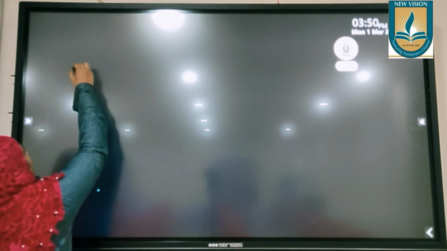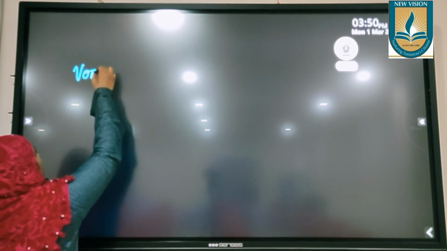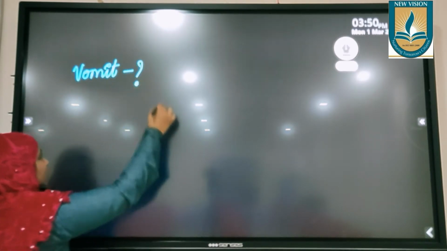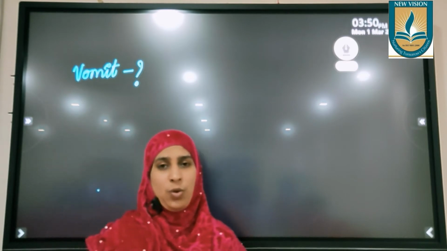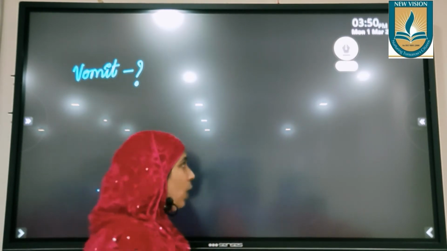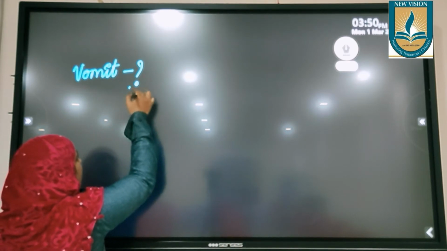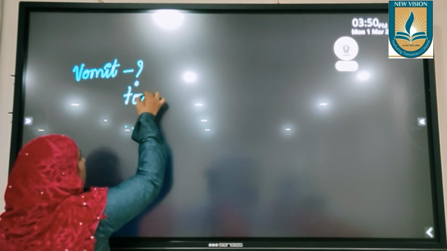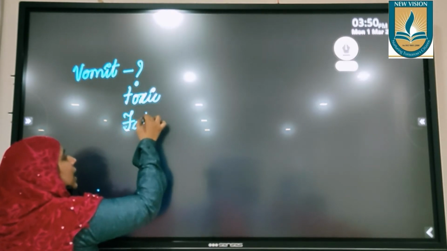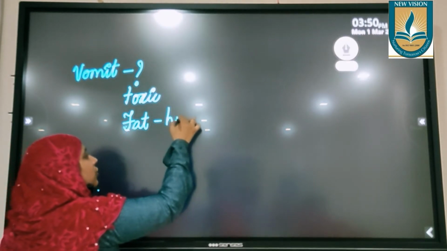First of all, you have seen people vomit. Why do people vomit? What is the reason for this vomiting? The major reason is either the person has eaten toxic food or food that has a high content of fat.